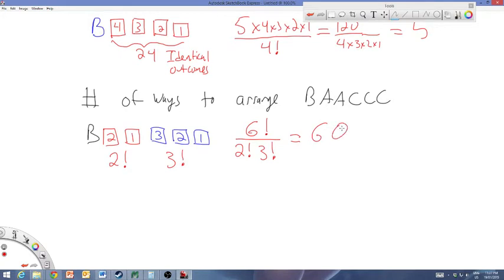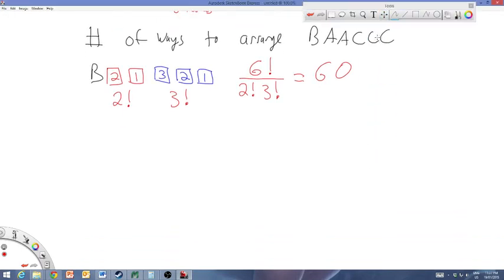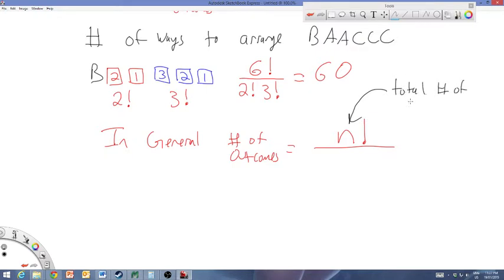Okay. And we can actually generalize this for any number of identical objects in my group. So, in general, number of outcomes equals n factorial, where n is the total number of objects.